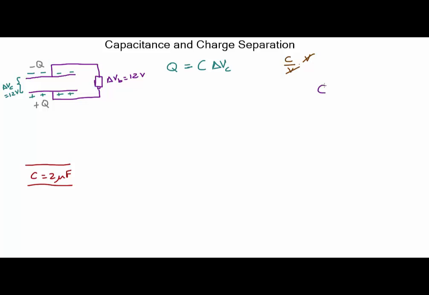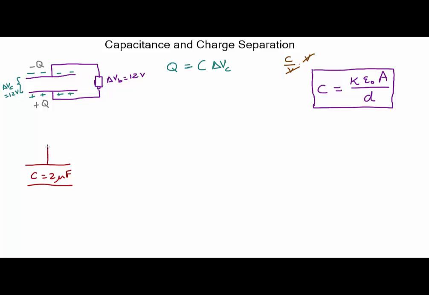We had the equation that said capacitance equals kappa epsilon naught A over d, where kappa was the dielectric constant of the material between the plates, epsilon naught was the universal constant related to the Coulomb constant, A was the area of the plates, and d was the distance between the plates. So once I have set all of that, I have a capacitance of the capacitor that's defined, and let's say in this case that was 2 microfarads.